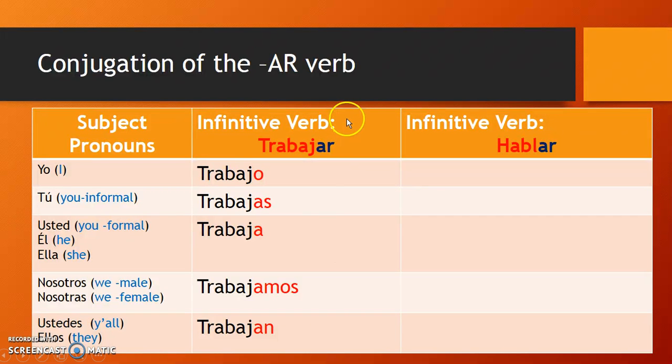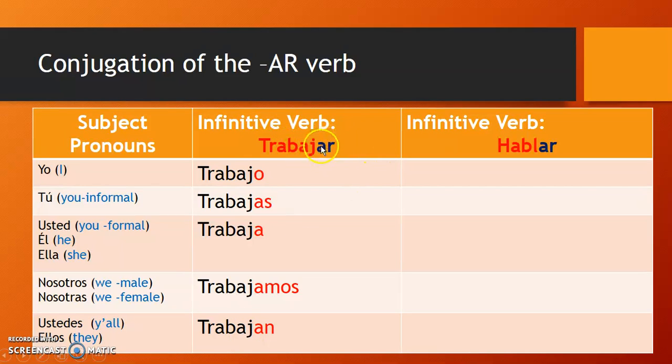Okay, so this is the conjugation of the AR verb. And this is an infinitive verb, trabajar, which means to work. So as I mentioned earlier, we need to know the subject, who is doing the action, for me to be able to conjugate the verb correctly.